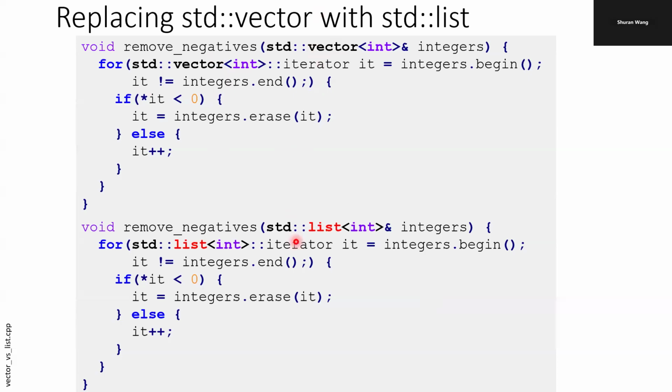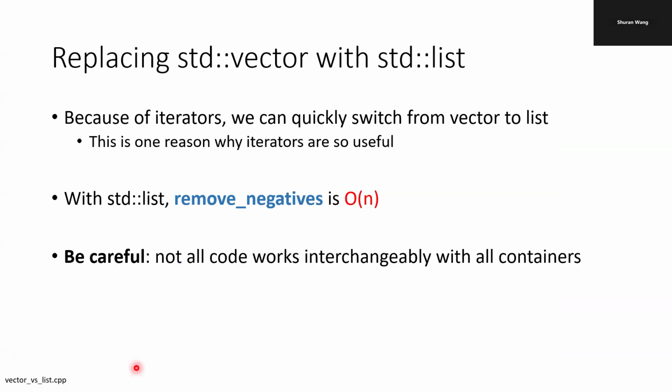You don't need to modify anything else unless you're doing something like IT plus equals something. If you're only doing plus plus and minus minus, then you don't have to care about other things. So we can quickly switch from vector to list, and remove negatives is O(n) complexity. Just be careful, not all code works interchangeably with all containers. If you're switching between containers, make sure your code is still supported in the new container.